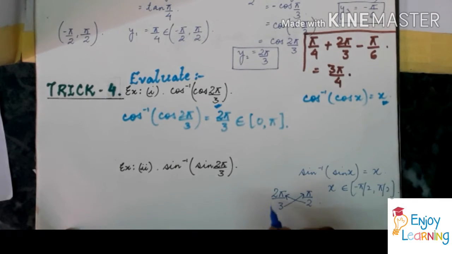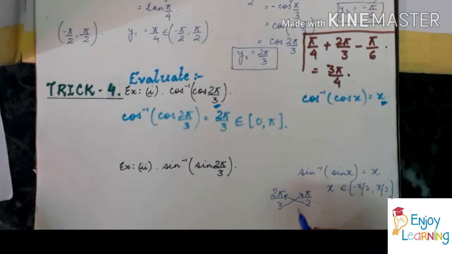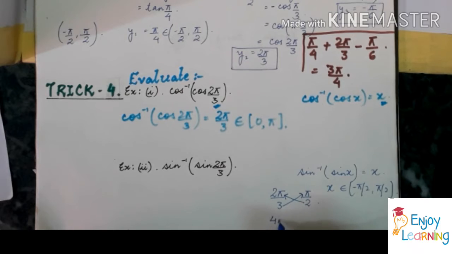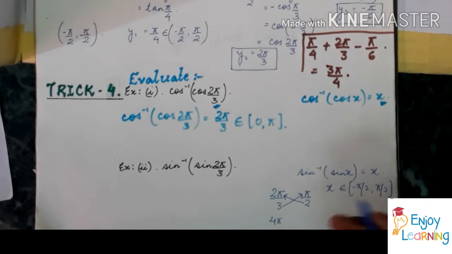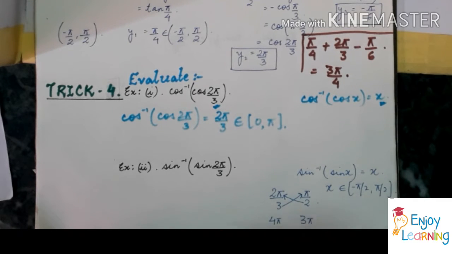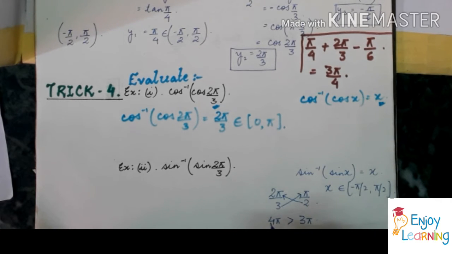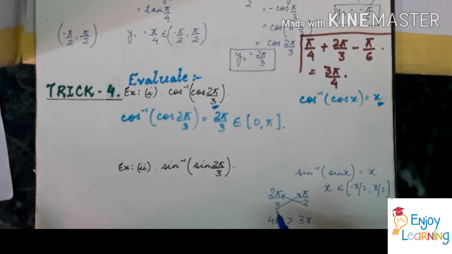So what you get here, in place of 2 pi by 3, means on the LHS you are getting 4 pi, and in place of pi by 2, means in the RHS you are getting 3 pi. So what is greater here? 4 pi is greater. So it indicates that the value on the LHS is greater than that on the RHS. So ultimately you get that 2 pi by 3 is greater than pi by 2.